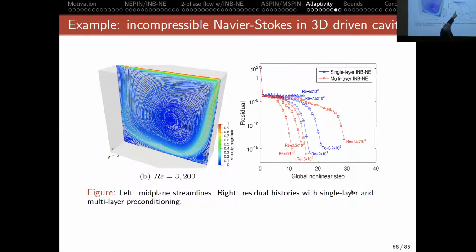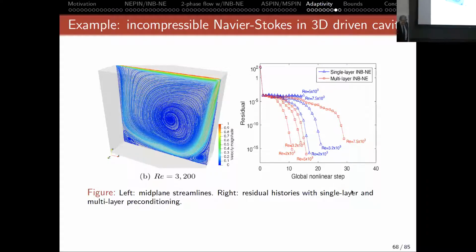And for the higher Reynolds number 3D driven cavity from a cold start, even the INB preconditioned version has trouble, but the multi-layer is much more efficient, well, both efficient and effective. It actually works at the higher Reynolds numbers, and where it does work, it's more efficient than the single layer version.